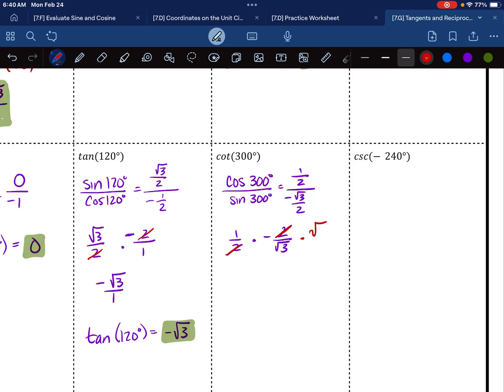So I'm just going to right away multiply by root 3 over root 3 just to rationalize it. And that'll make my life a little easier. So in the numerator, I have negative root 3. And in the denominator, I have root 3. And that's my cotangent. I'm going to scoot that over and put my little cotangent notation on there so that I know that I found what I was looking for.